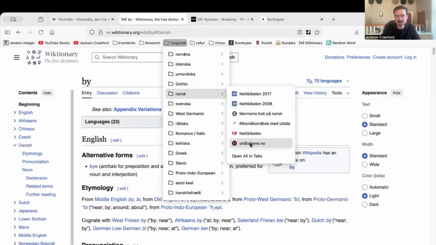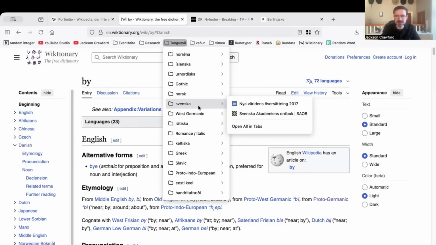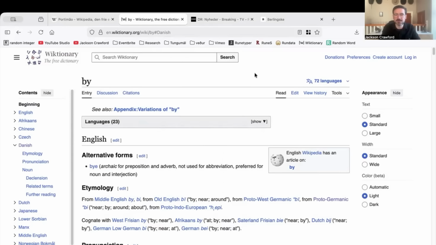I mean, because I write Norwegian more than Danish or Swedish, I have ordbøkene.no bookmarked for Norwegian. I have Svenska Akademiens ordbok bookmarked for Swedish. I don't have a Danish dictionary bookmark because I don't write in Danish very much, but Wiktionary is certainly good.